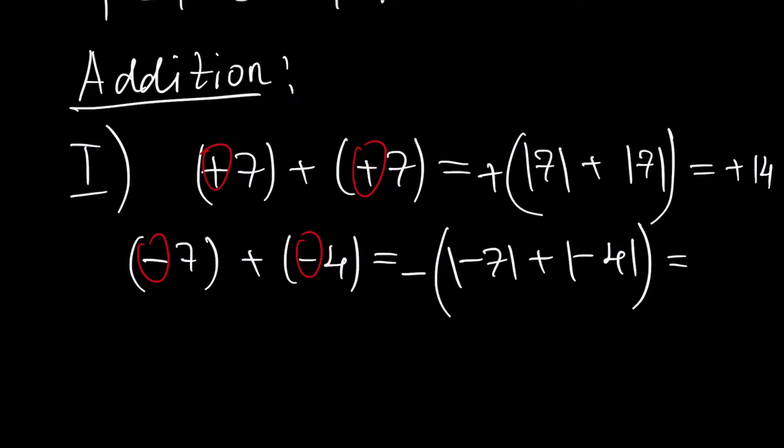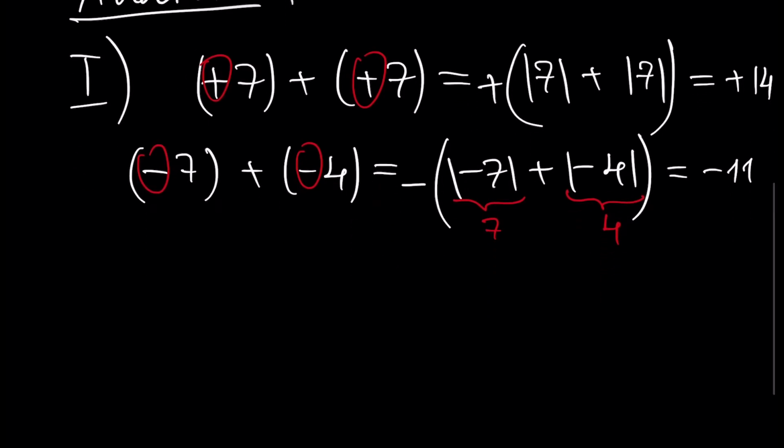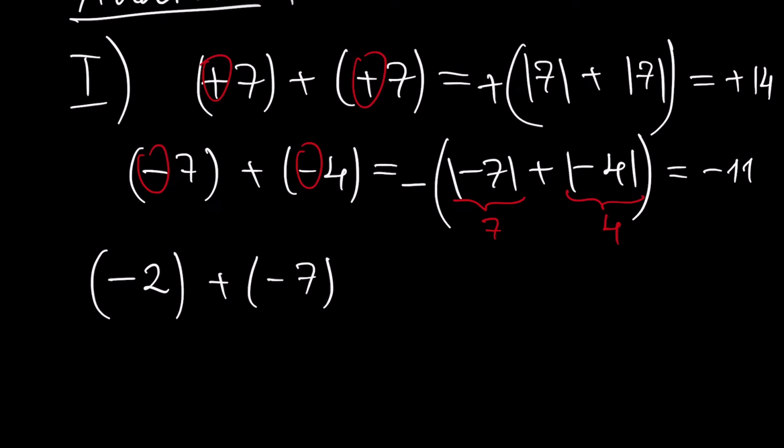Since this is 7 and this is 4, the answer will be minus 11. This is the formal rule on how to perform addition. For example, assume we have minus 2 plus minus 7. In this case, it will be the common sign minus and the sum of absolute values, 2 plus 7, which is minus 9.